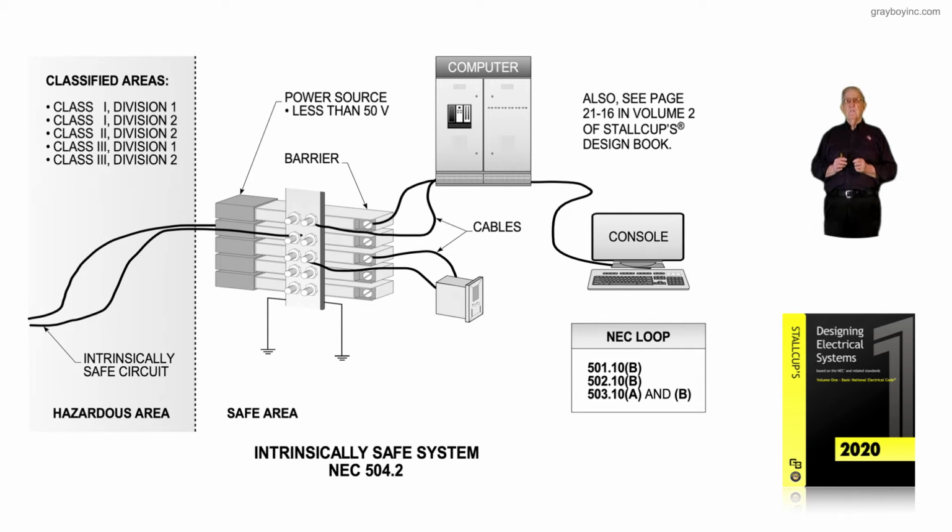And notice we tell you also see page 21-16 in Volume 2 of the Stallcup's design book for a lot of information pertaining to intrinsically safe systems. But they can be used in a Class 1 or Division 2.